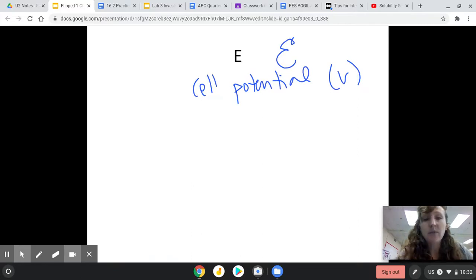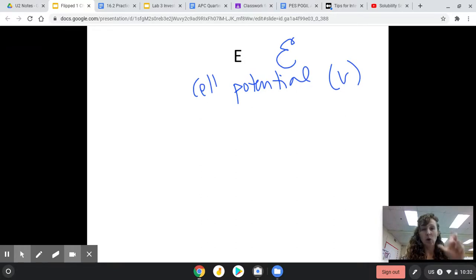And so what chemists do is they look at these reactions and they pull out the part that is able to give off electrons, and then they pull out the part that is able to accept electrons, and then they write them as a half reaction.